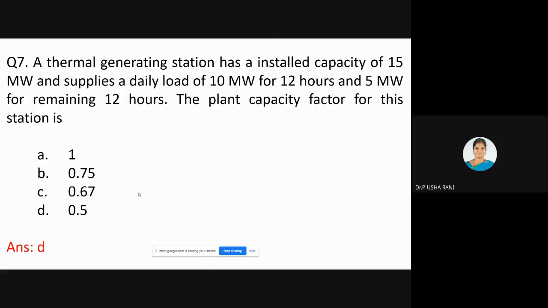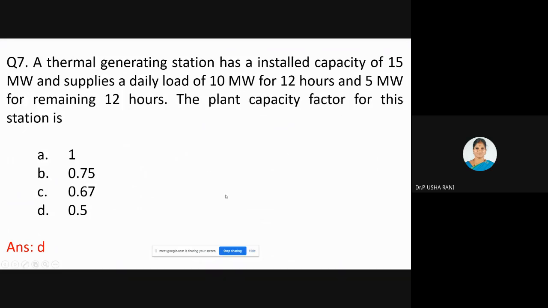In the 4 options, option D is the correct one. You have to work out and prove. So for that, kindly read the question. They have given for a day 24 hours. They have given the load details for a particular time, 12 hours 10 megawatt and remaining 12 hours 5 megawatt.